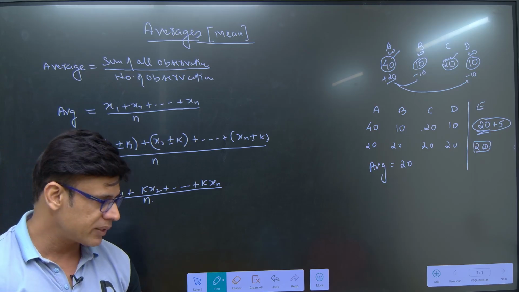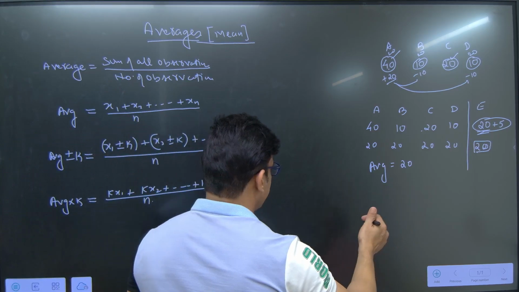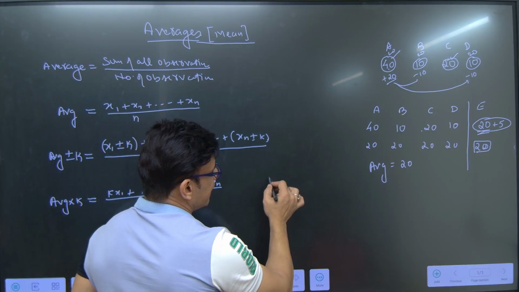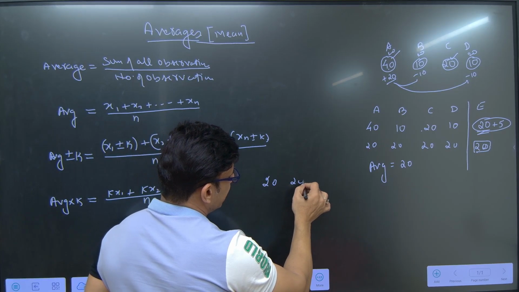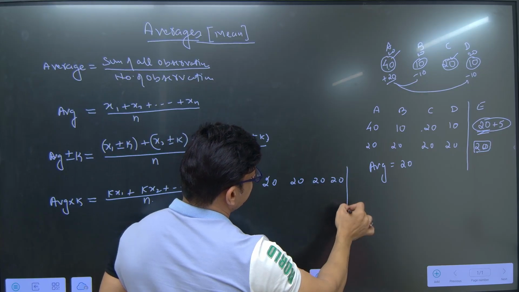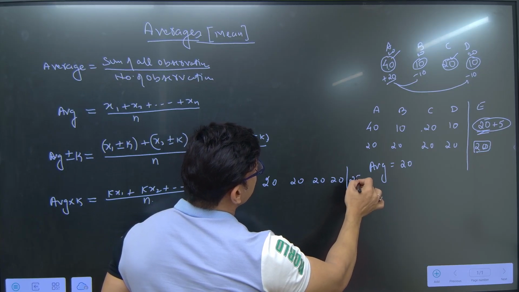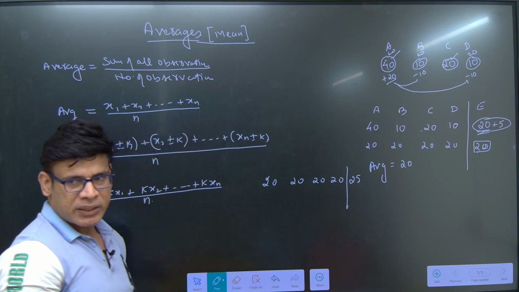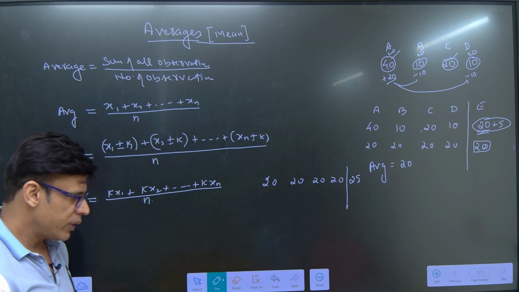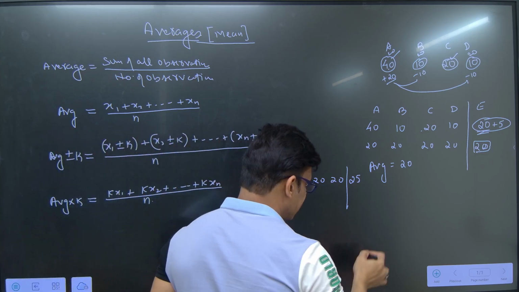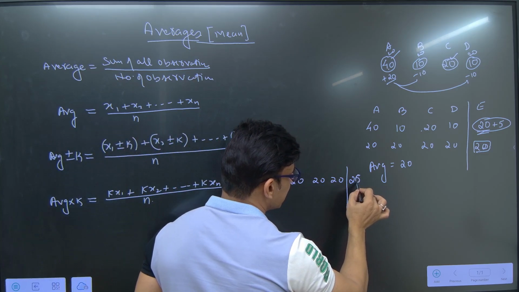Now let's try to understand one thing from here, and then we'll do one question. So here average is 20, 20, 20, and 20, and the fifth brother is coming with 25. When the fifth brother comes with 25 chocolates, he will realize that each brother has 20 chocolates on average.